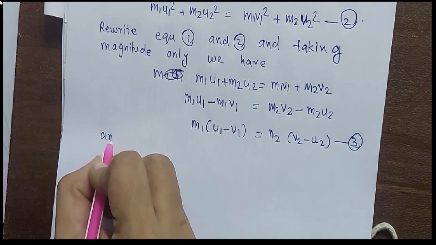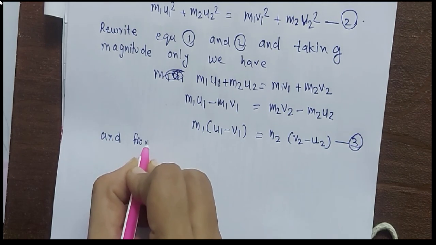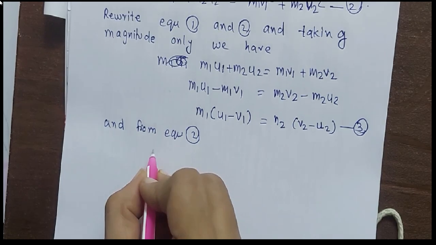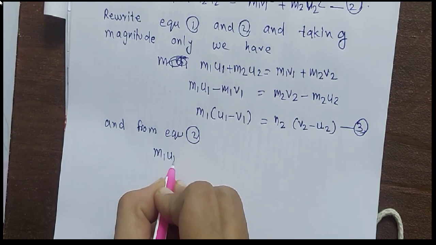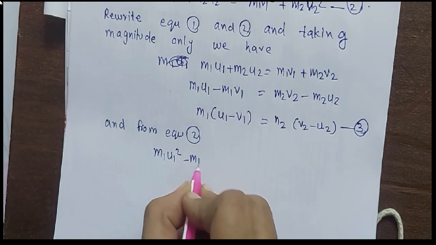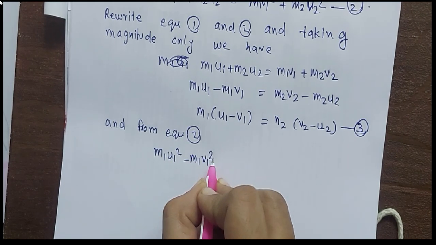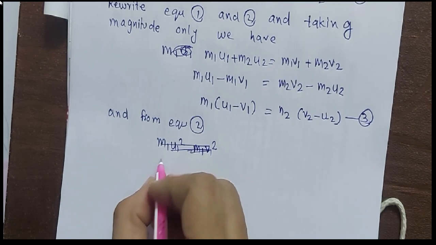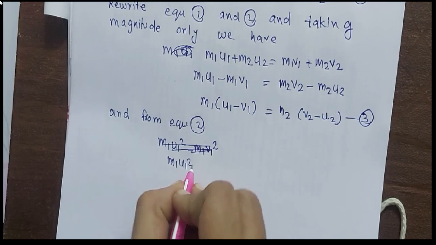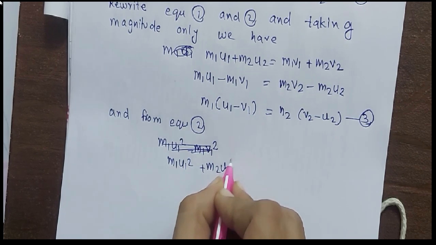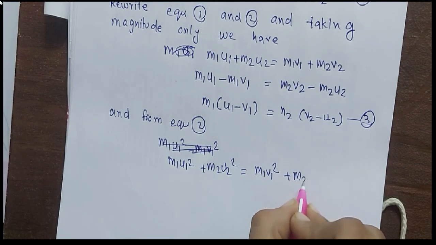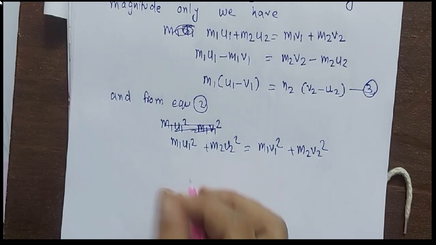And similarly from equation 2, m1 u1 square minus m1 v1 square. I will not skip the steps. Let m1 u1 square plus m2 u2 square is equal to m1 v1 square plus m2 v2 square.